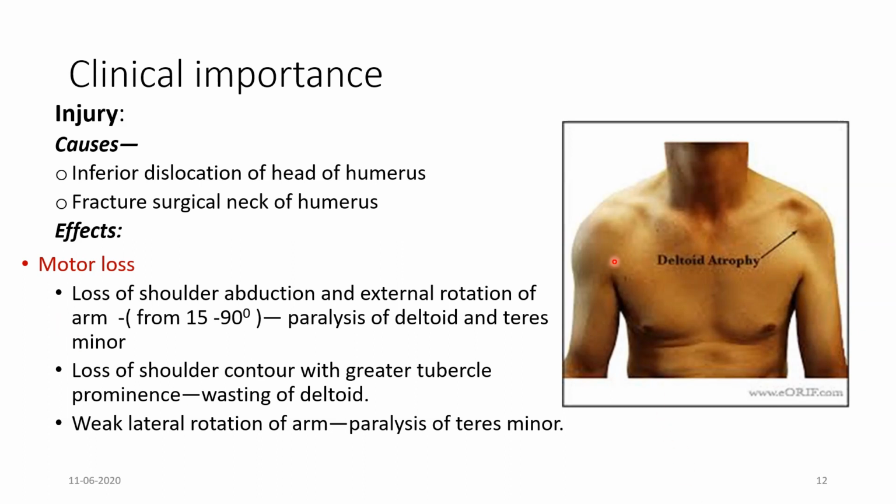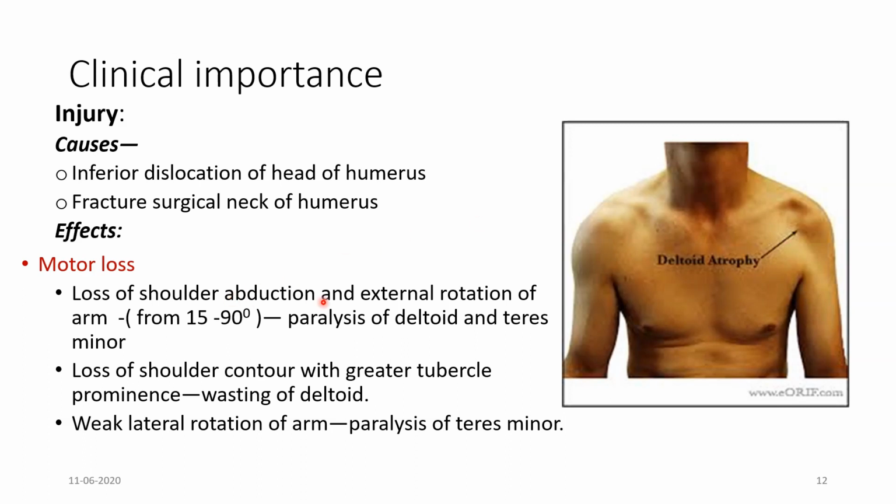If you observe both the shoulders, the right one has a normal shoulder contour, whereas on the left side there is loss of shoulder contour with the greater tubercle becoming prominent and wasting of the deltoid muscle, and the person complained of inability to abduct and laterally rotate his arm.